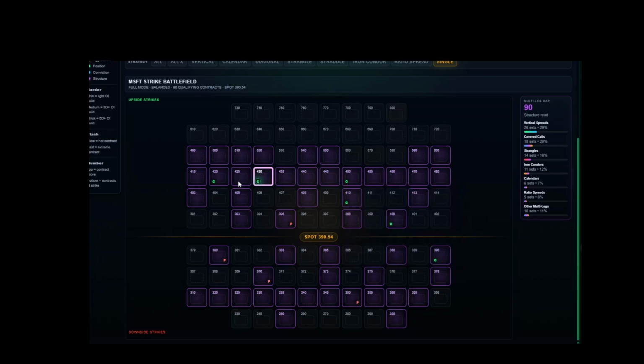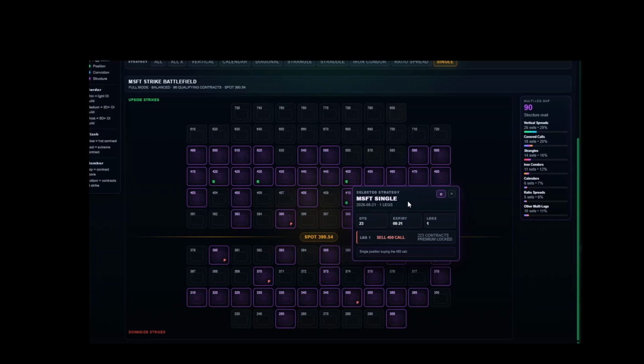So these two are bullish, but this one right here seems like a covered call. Essentially this trader here probably holds a big long position in Microsoft, and is betting that the price will not rise above 450. So he or she is collecting premium for setting up this position.